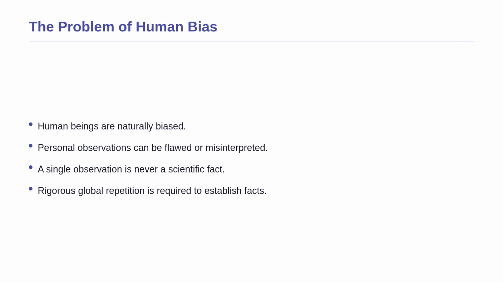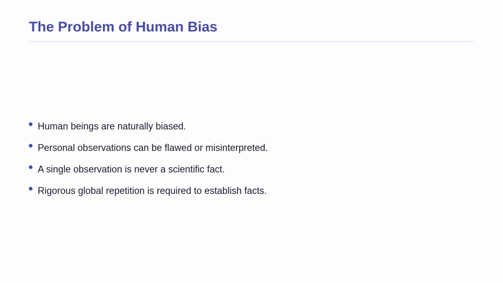This brings us to an important question. Why do we care so deeply about this distinction? The answer lies in human nature. We are naturally biased, and our personal observations can easily be flawed, subjective, or misinterpreted. For instance, if a researcher sees a plant grow faster in sunlight, that is just a single observation.